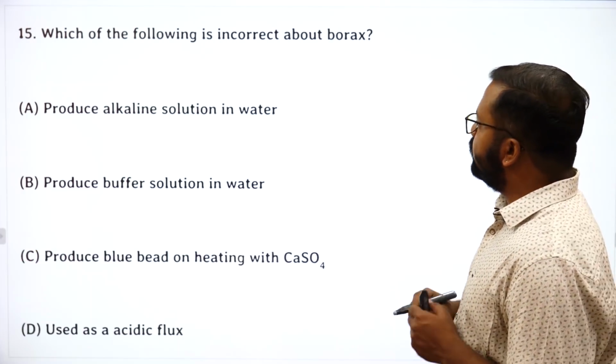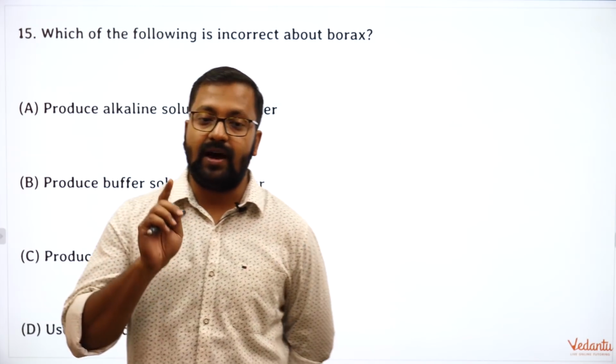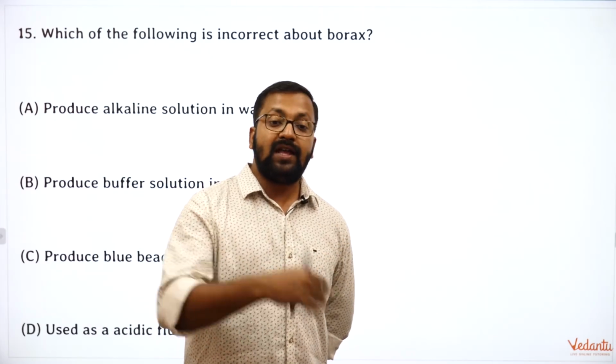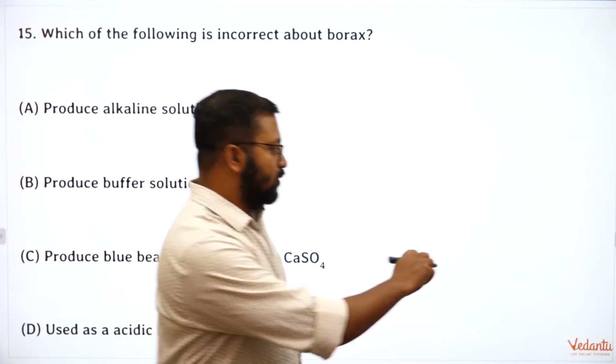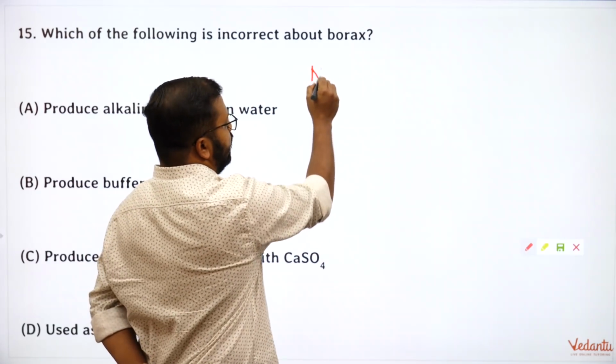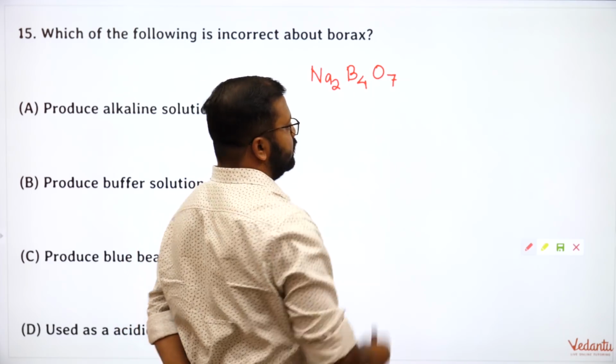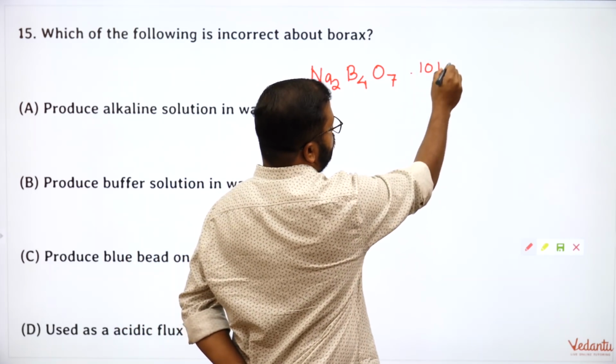Next, which of the following is incorrect about borax? Now borax is an important compound as far as NEET and JEE Mains as well as advanced is concerned. So if I take borax into consideration, borax can be written like this: Na2B4O7.10H2O.